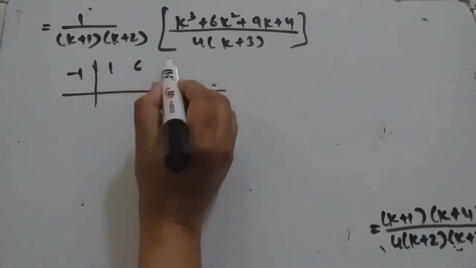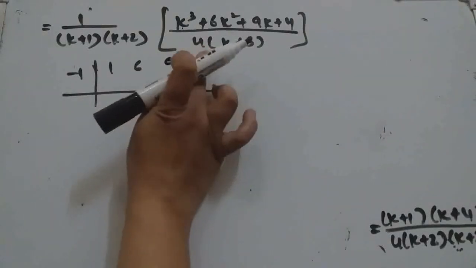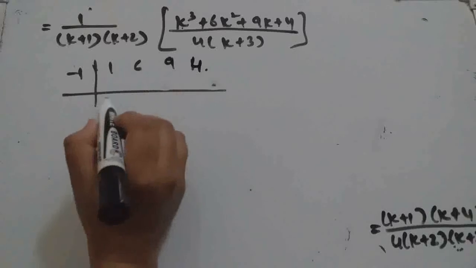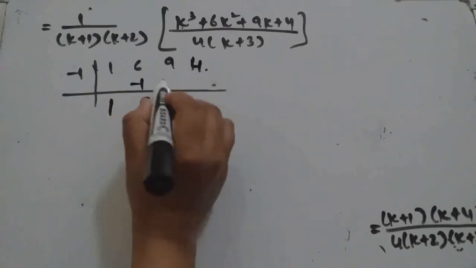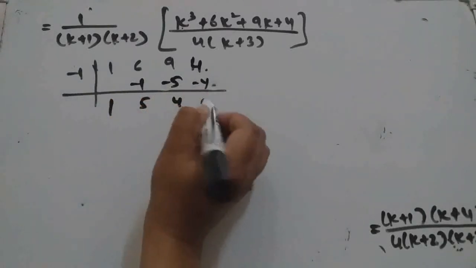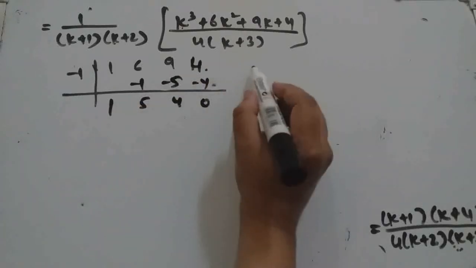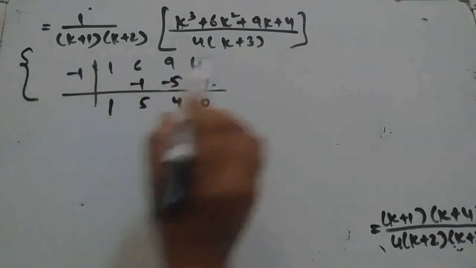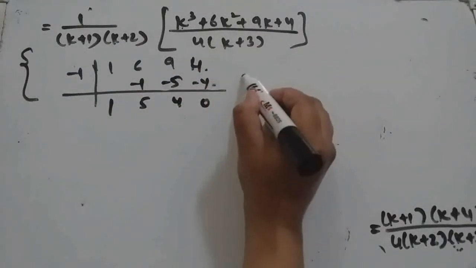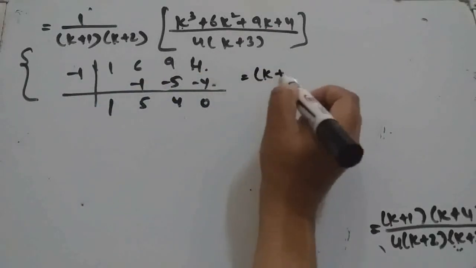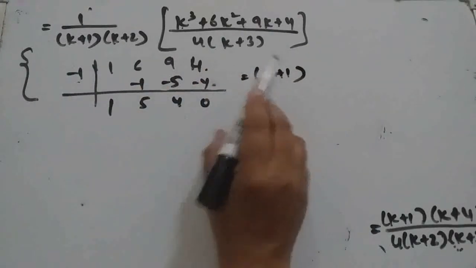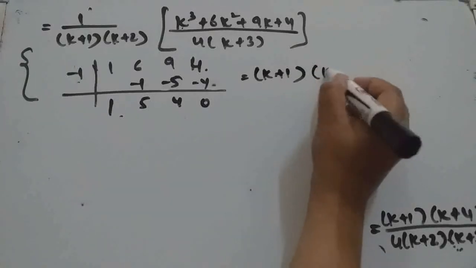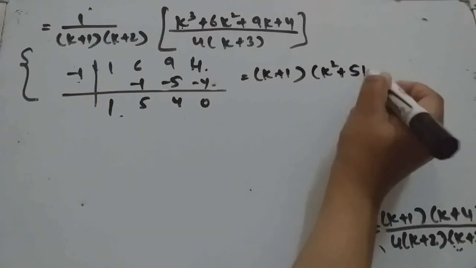Okay, then 9 and 4. So minus 1, 5, minus 5, 4, minus 4, 0. That means this cubic polynomial we can write in terms of k plus 1. This factor will be k plus 1, and this will be k square plus 5k plus 4.